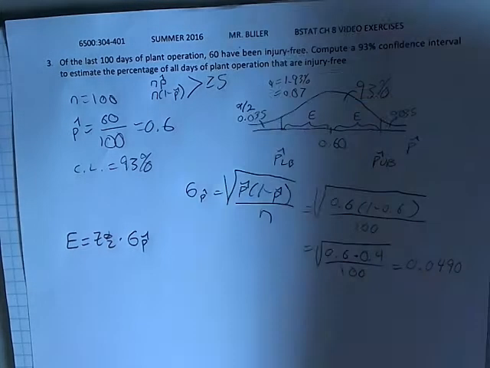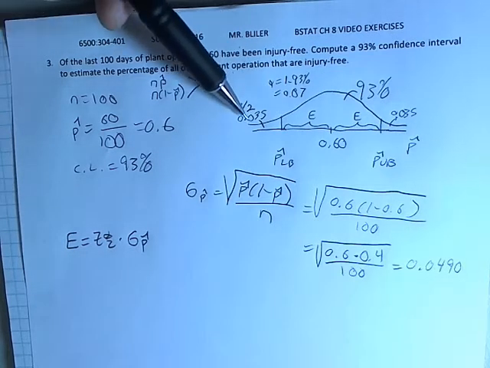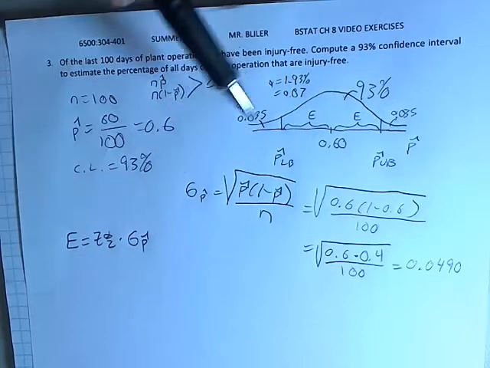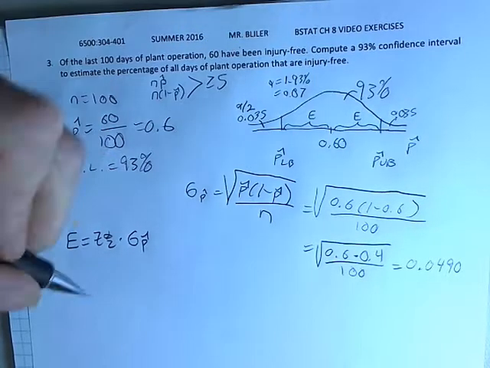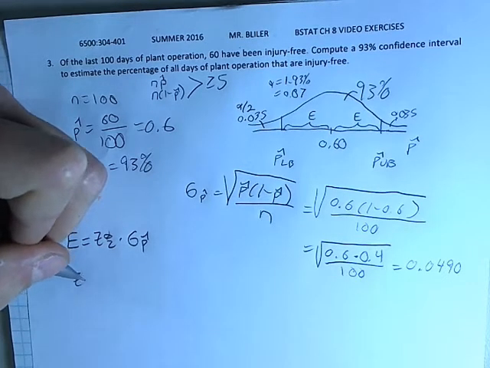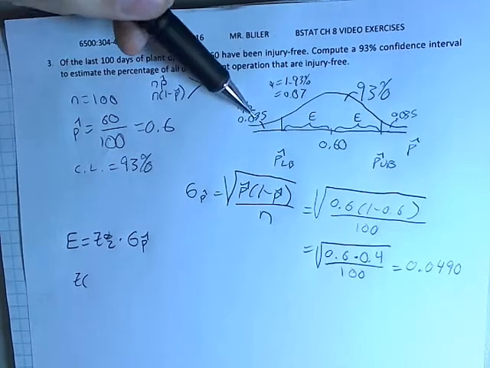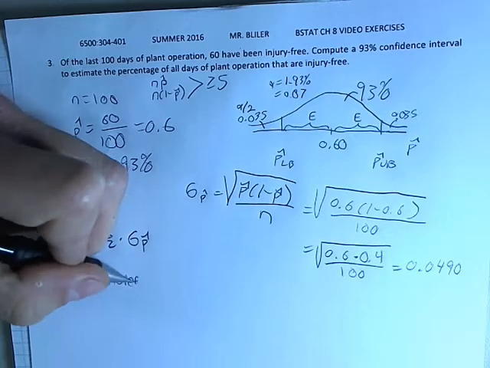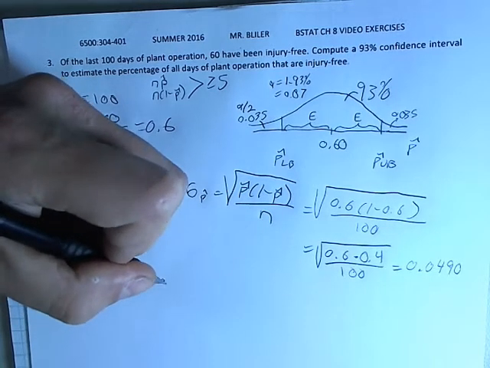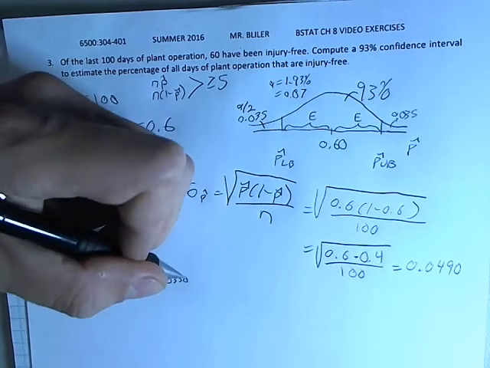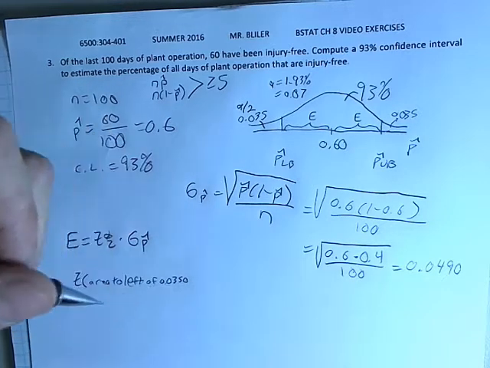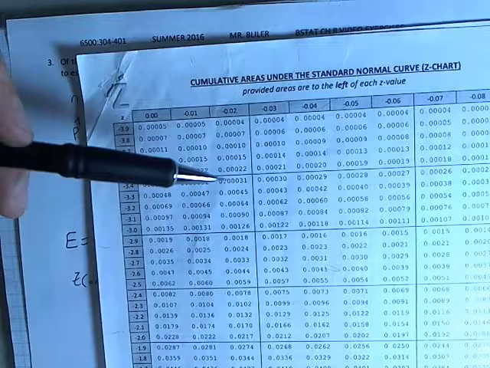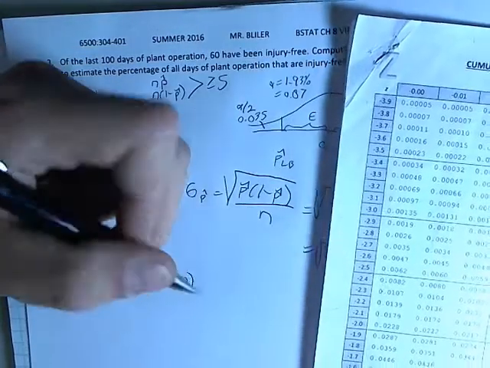So next thing we're going to do is we're going to go to our z-chart and find the specific z number that has this exact amount of area to its left. Area to the left of exactly 3.5%. And when I say exactly, it's fine to round to the nearest area in the chart. So let's go to our chart.